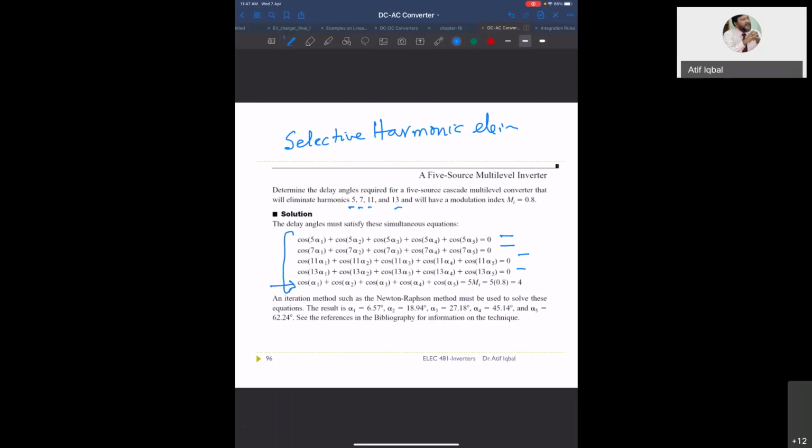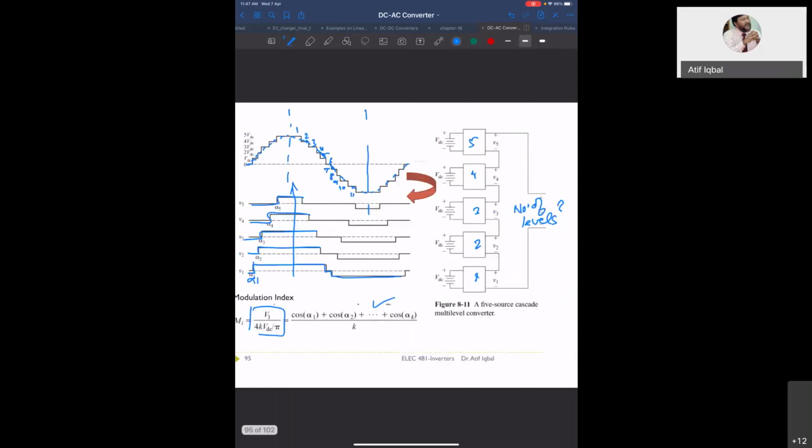Any question here? Doctor, in general, how many harmonics at maximum can we cancel? It depends upon how many modules you have. If you have 2 modules only, you can eliminate only 1 harmonic, any 1 harmonic. The lowest harmonic is the 3rd, so you may want to eliminate the 3rd harmonic. But remember, if it is a 3-phase system, there will be no 3rd harmonics. The minimum harmonic will be the 5th harmonic. Understand?